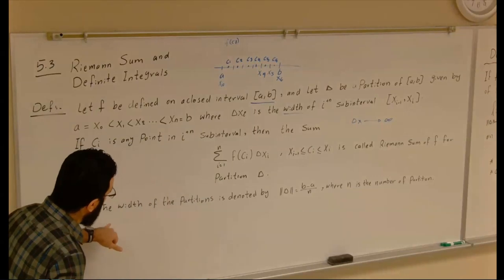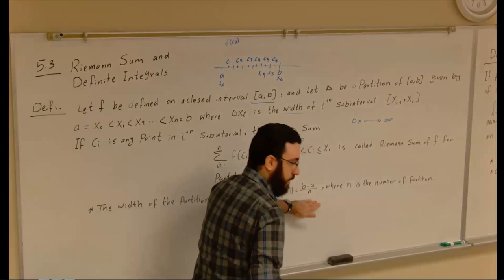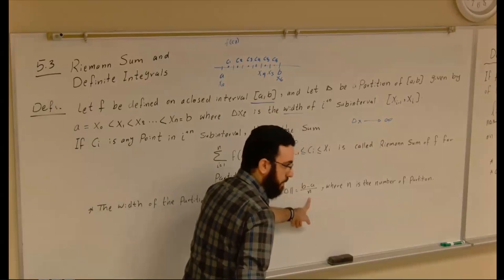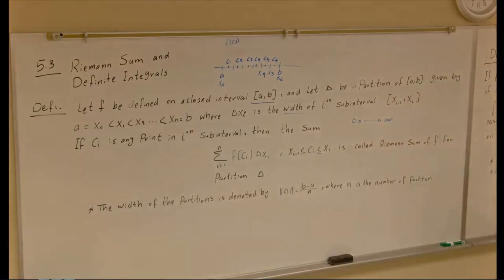The width of the partitions is denoted by, remember we did this one, (b minus a) over n, where n is the number of partitions. Now we have to add the limit. When the number of rectangles goes to infinity, we minimize the error until it reaches 0.